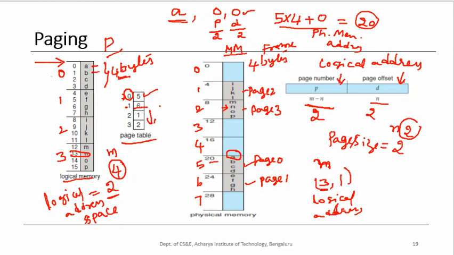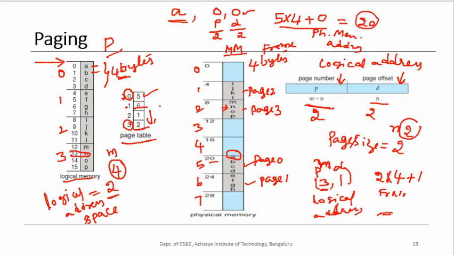Now I make use of this. This is P and this is my D. Make use of P to index into the page table. I go to this location and pick up this entry 2, which gives me the frame number. I multiply this by 4 and I add the displacement.